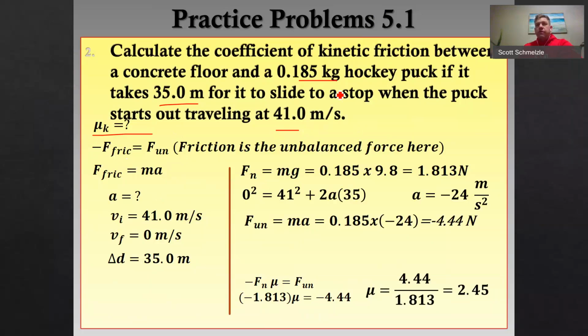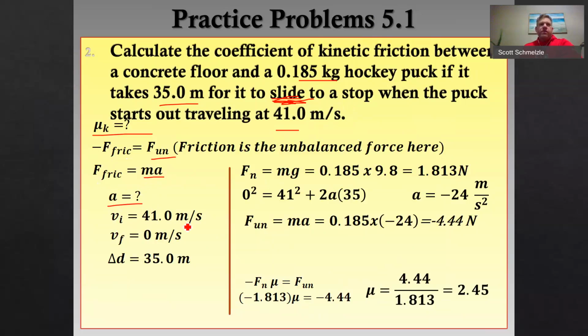Because there is no applied force, because we're sliding, right? Then we know that our applied force is 0. Now, I don't necessarily like jumping at this one right here, but I'll explain what that means. So we want to find our acceleration because that's going to give us our F_un.